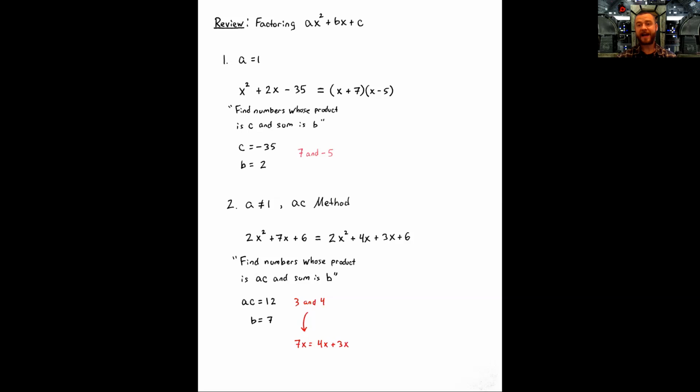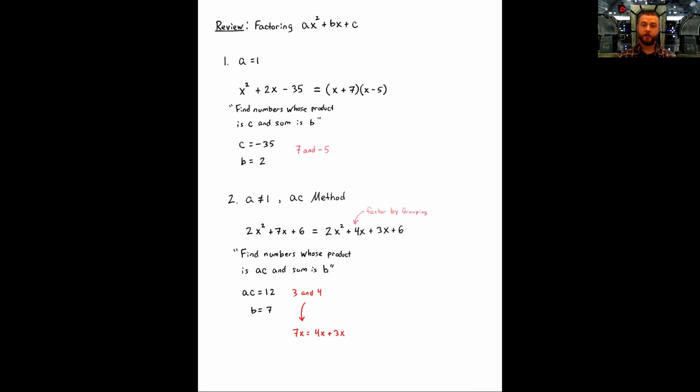And what we do is factor by grouping here. We take a look at the first two terms, factor out a greatest common factor, and do the same thing for the second two terms. All right, and your first two terms looks like you can factor out 2x. In your last two terms, 3x and 6, you can factor out just positive 2.